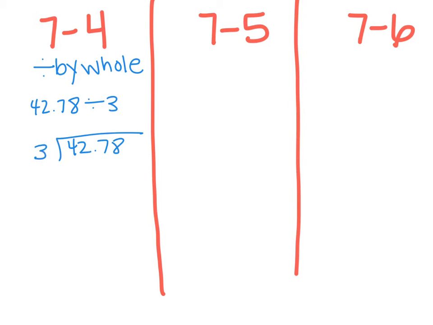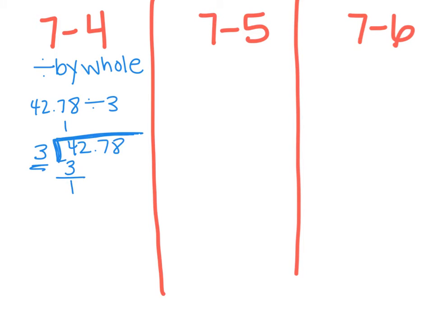and then I just pretended it was whole numbers. We can have a decimal inside our little house here, but we cannot have one on the outside. Since I have the whole 3 over here on the outside, I'm good to go. So then I just divide like I would with whole numbers. 3 goes into 4 one time.